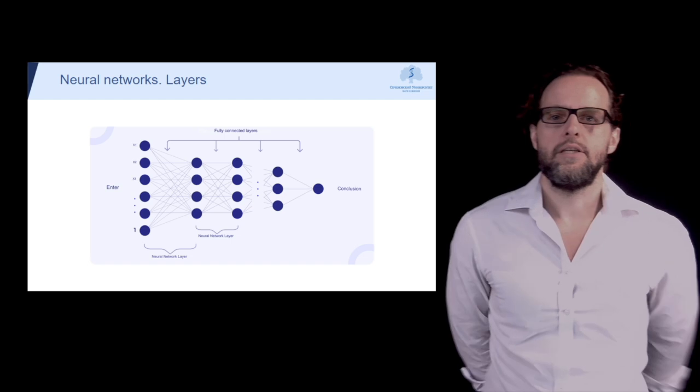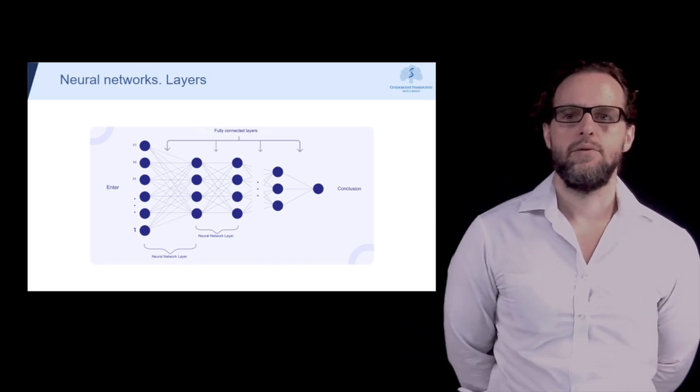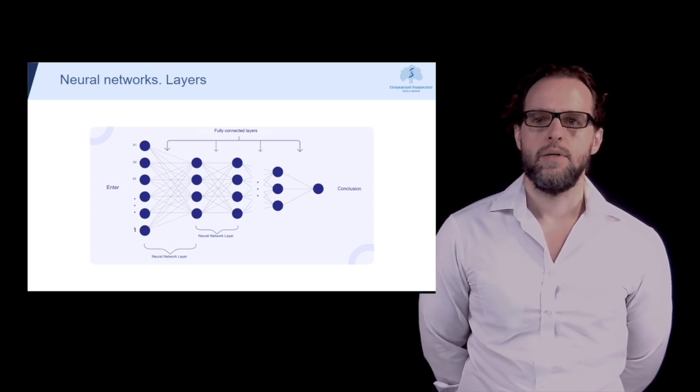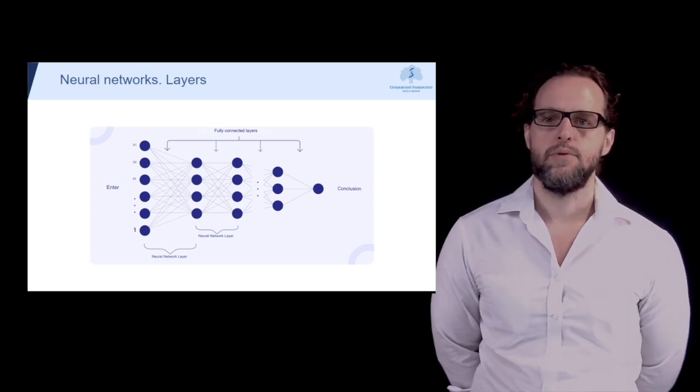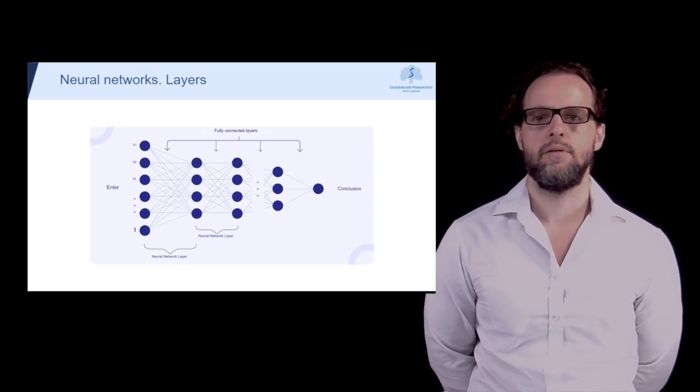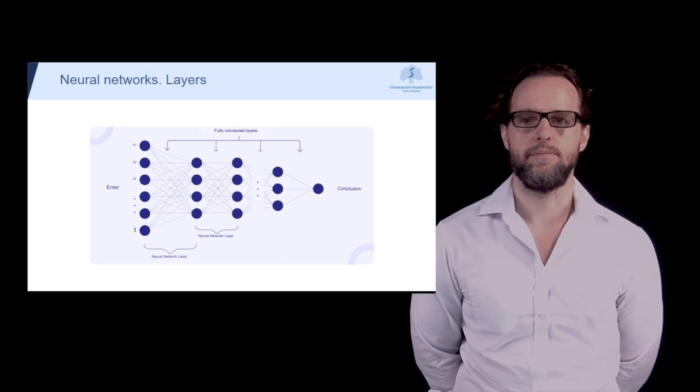Neurons are generally classified based on their position in the network topology. We can find input neurons which receive the original vector encoded as the input signal.